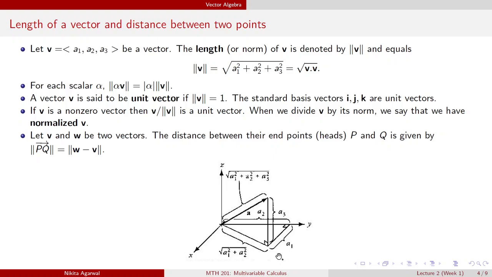Okay. And this distance, which is the distance between the origin and the point a1, a2, a3, is nothing but square root of a1 square plus a2 square plus a3 square. So this is what we are talking about here, which is this quantity.